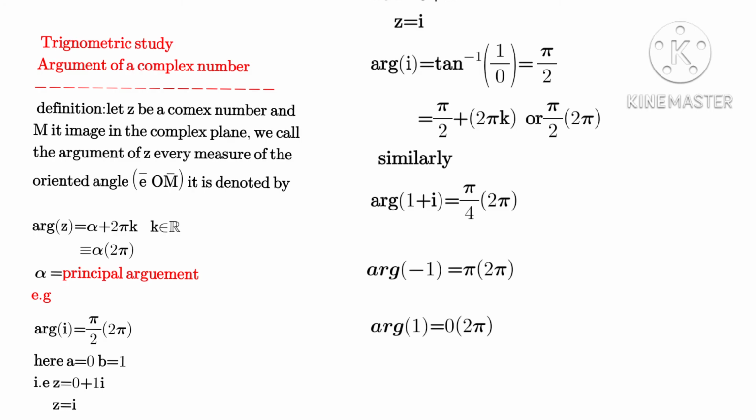Alright guys, so lastly for this video, we have the argument of a complex number and the oriented angle, in the sense of the angle of rotation. So the argument of z is equal to alpha, that is the principal argument, plus 2 pi k, where k is an integer.